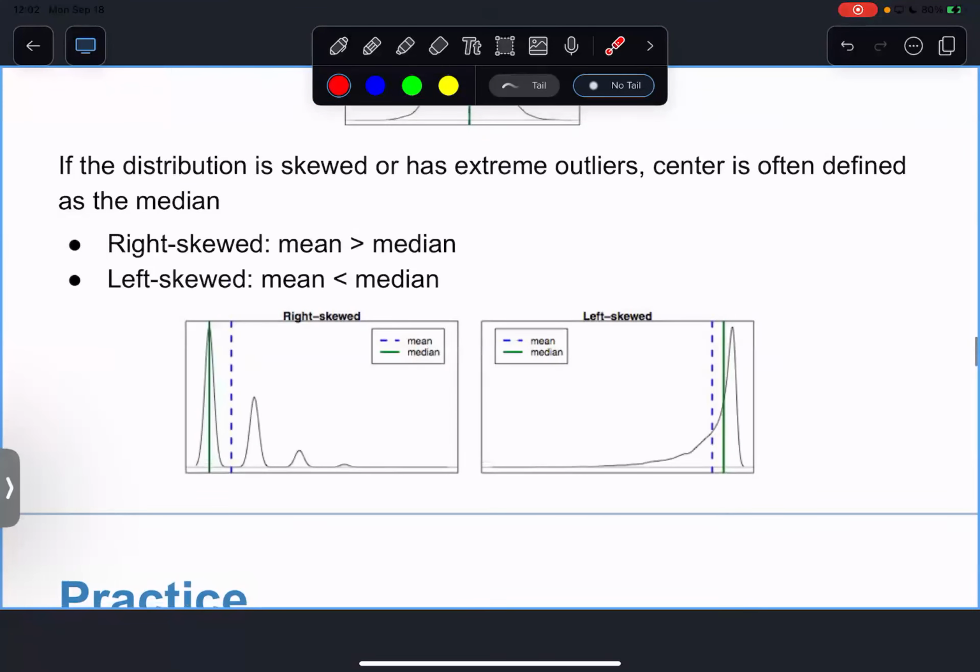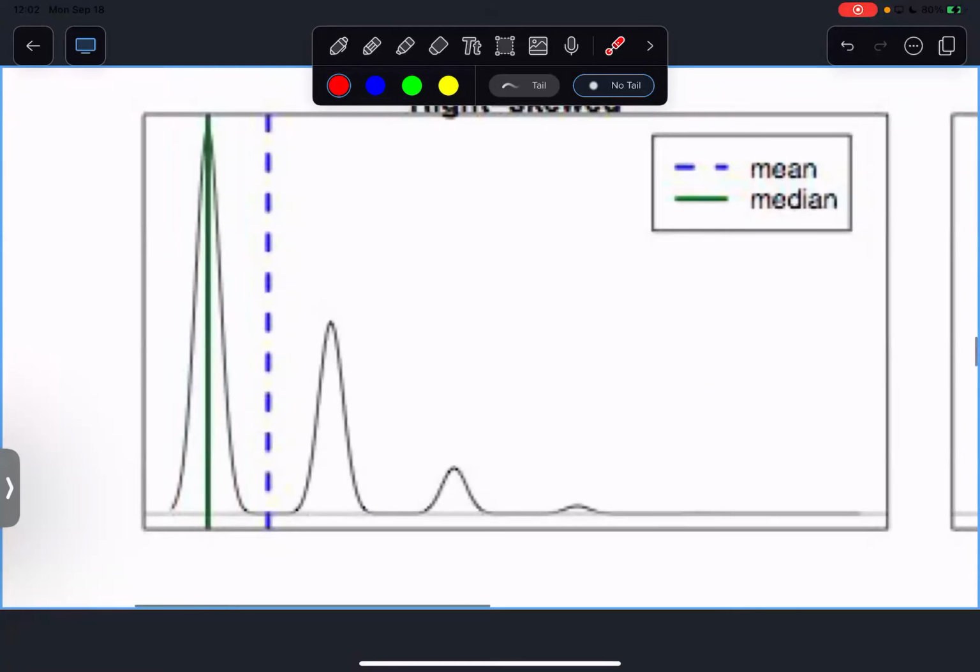Whereas if we have a skewed distribution, something like this, that's a weird distribution to look at. It's still right skewed, it's multimodal looking, but that's okay. Then the mean is going to be greater than the median. It's in color, but it's kind of hard to see.